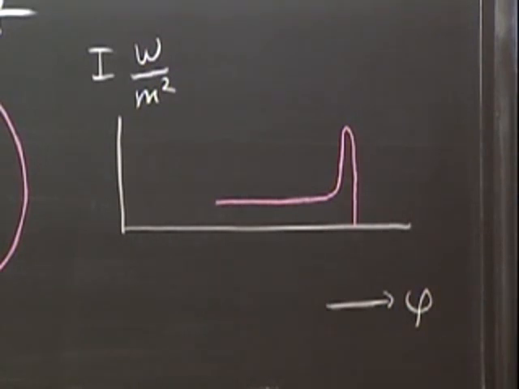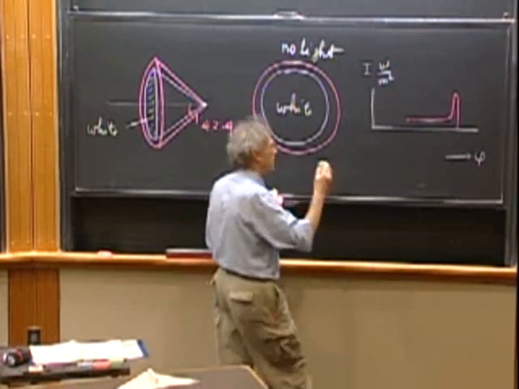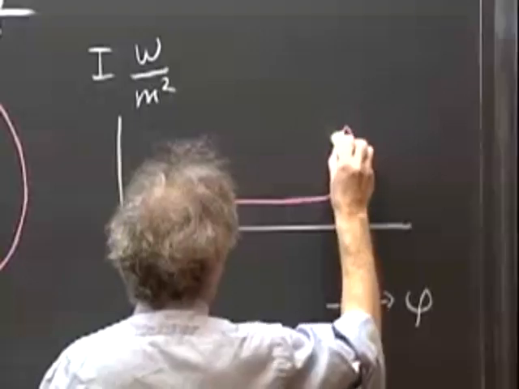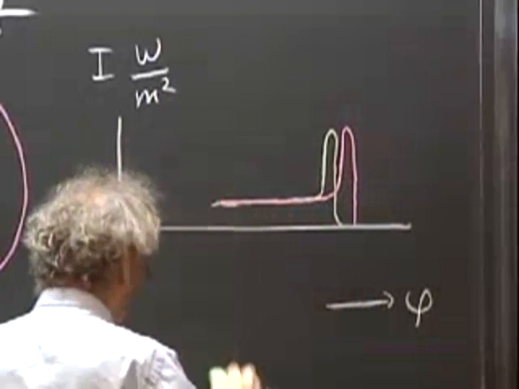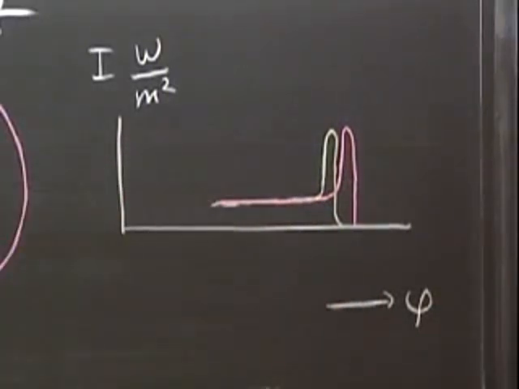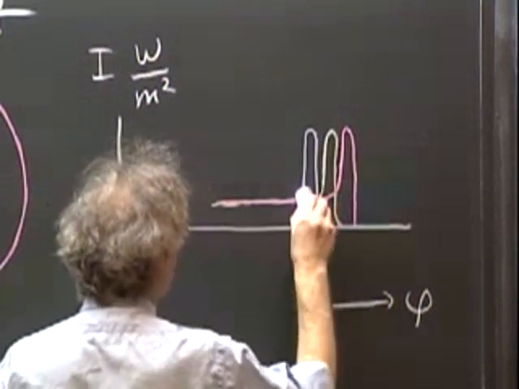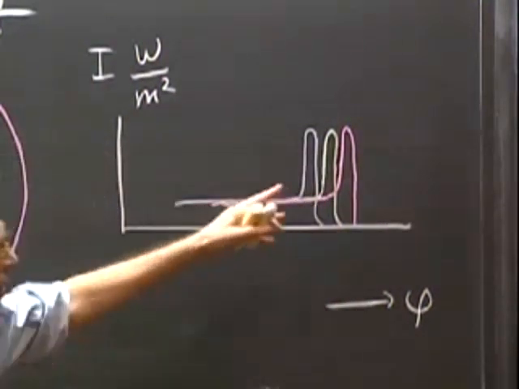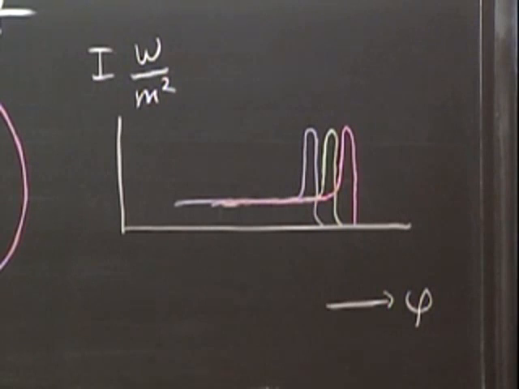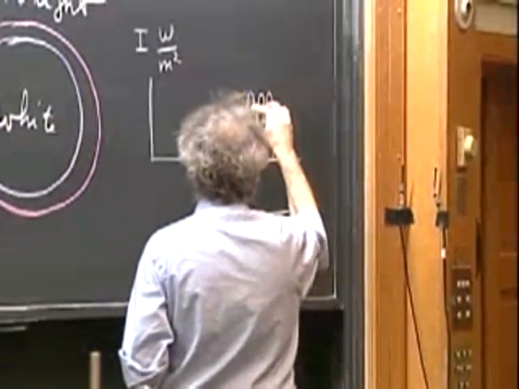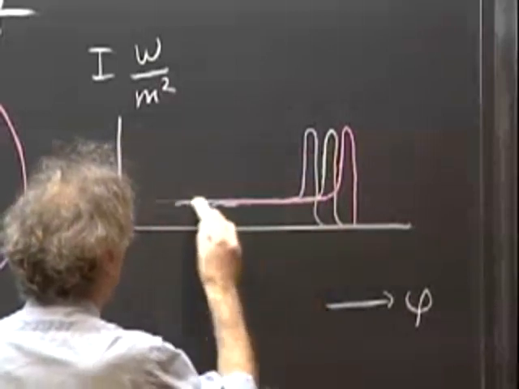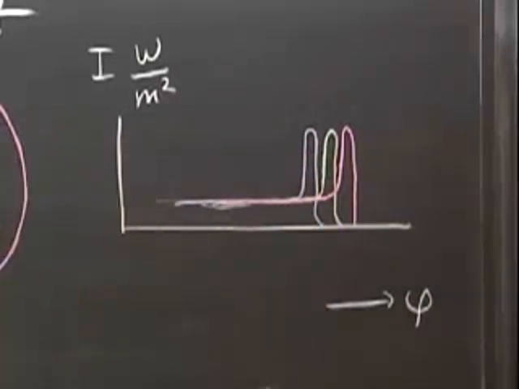And then the green light, which is a little bit inwards, because phi maximum for green is a little lower, would also have a maximum. And then ultimately the violet light, which is the last one, will also have a maximum. And so it is because of the enhancement at that phi maximum, which is by no means obvious, that is the reason why the blue here, the violet here, still dominates. And here all the colors overlap, and so that's why you see the white light there.